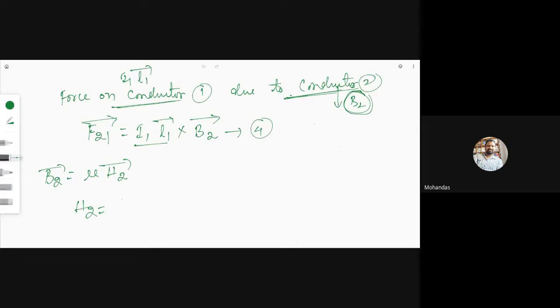H2 equals, what is the formula? I2 by 2 pi D. The distance is the same. AZ cross minus AX.